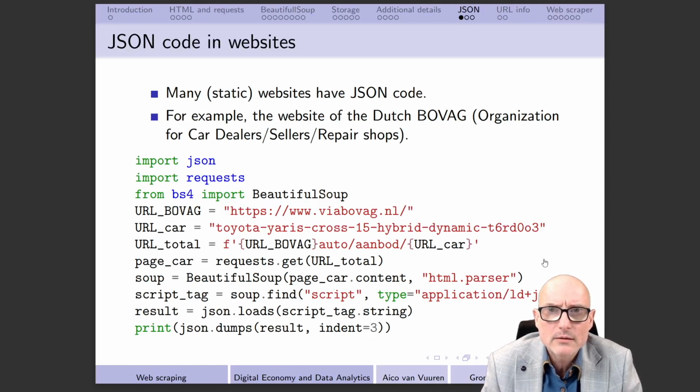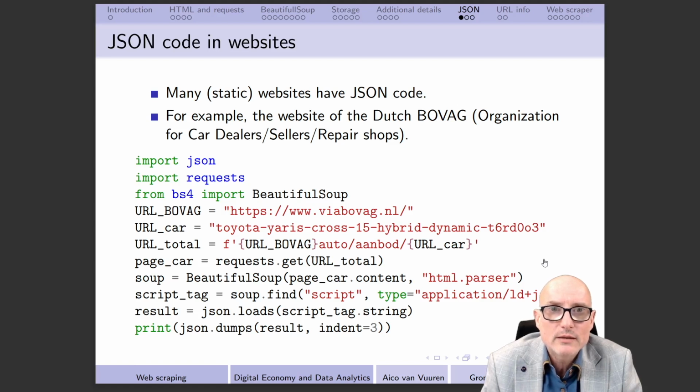Well, we should realize that at the moment that we're going to look at many real websites, they are a little bit more complicated. One of the reasons is that many even static websites have something called JSON code. I have already touched upon JSON code before, because I already told you that JSON code looks a lot like the dictionaries that we do have in Python.